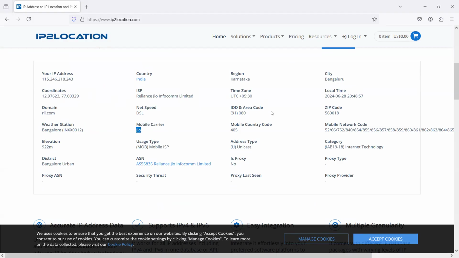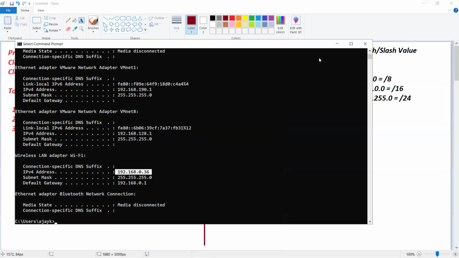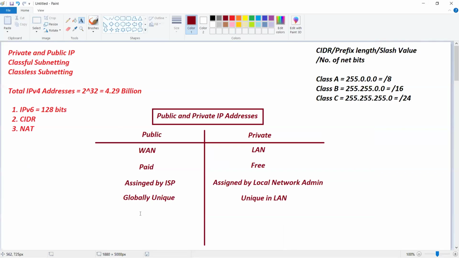So it can give me lots of information. So this is your public IP address, which is globally unique. And your private IP addresses are unique in LAN. That means from one local area network to another, they can repeat.